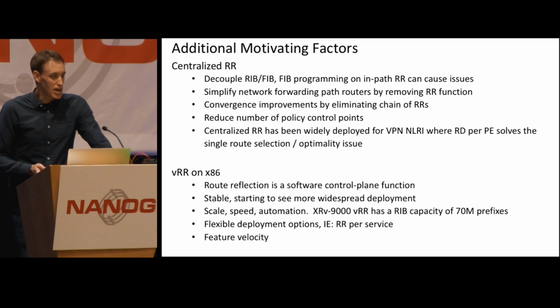Another thing that has become popular recently is virtual route reflectors. Pretty much all of the commercial vendors have virtual route reflection software today that's highly scalable. It runs very well. It's stable. There have actually been a few good presentations at NANOG covering these topics over the last few years.